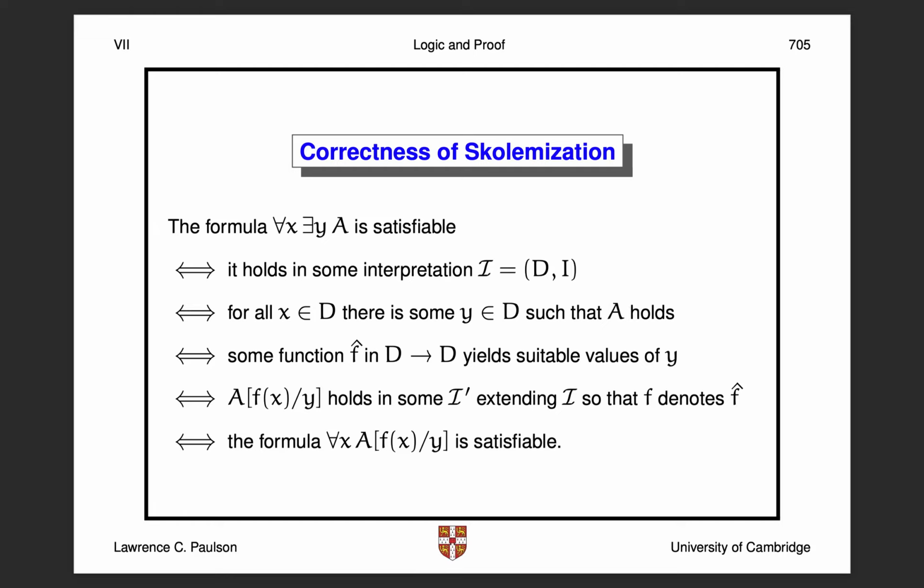X and y are, of course, free in A. And now we are using the fact that this relationship for all x exists y indeed suggests the existence of an actual function from D to D. The reason I've put a little hat on the function is because I want this to refer to an actual mathematical function, whereas f itself is merely a function symbol, the symbol denoting this f hat here.